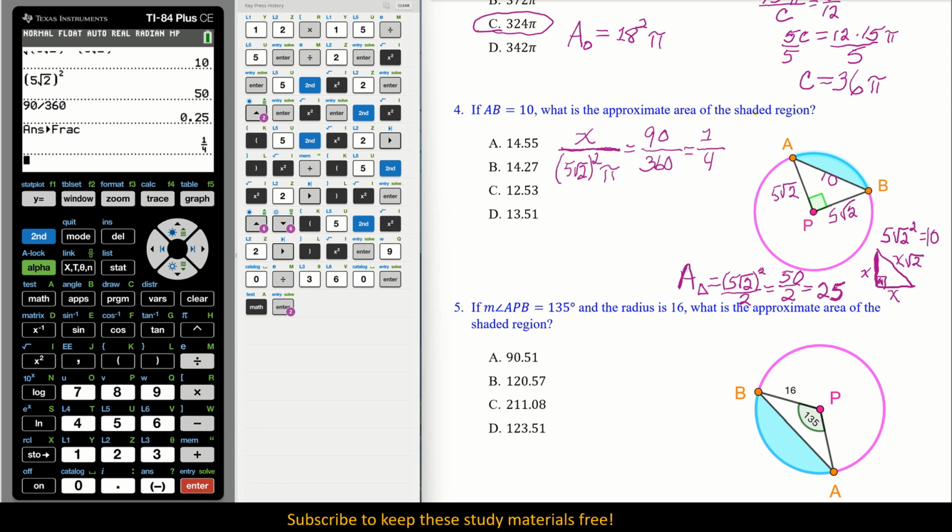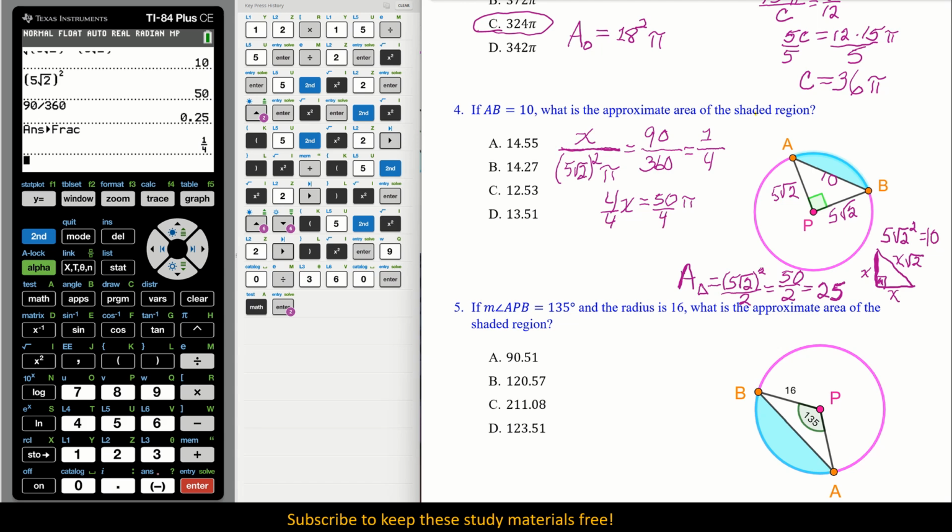So now what do we have when we clean everything up? We have 4x equals. Now we know that when we square 5 square roots of 2, it is 50. That will be 50 pi, and then we're dividing that by 4.